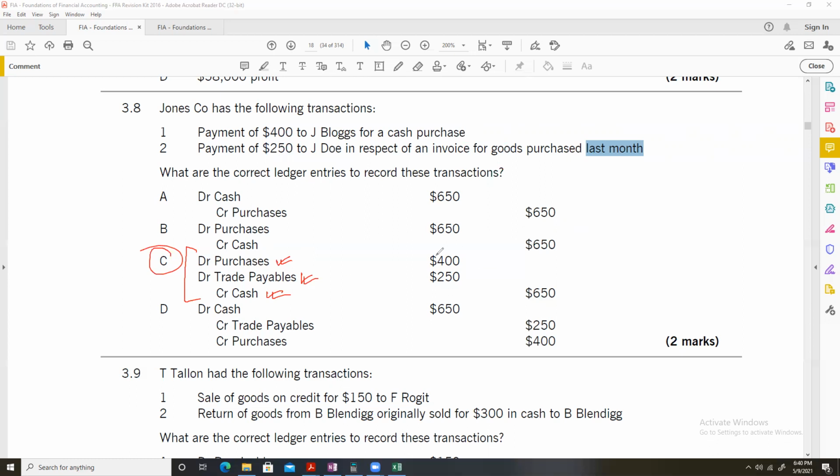Purchases represent cash purchases. As we have made payments to our creditors, we have debited the trade payables account. So this is the correct entry to record these two transactions: purchases debit, trade payables debit, and cash credit.